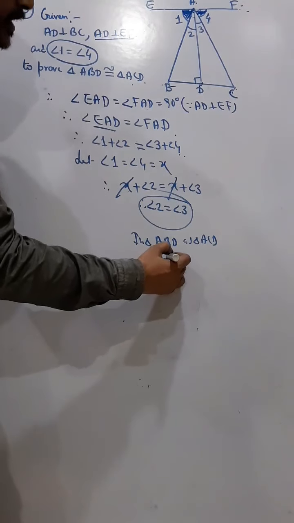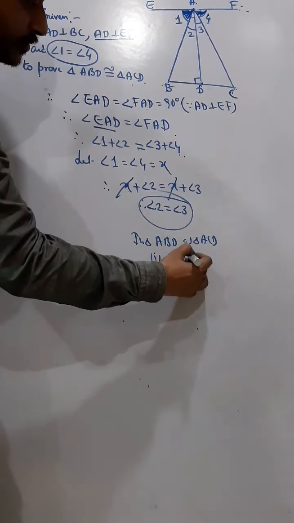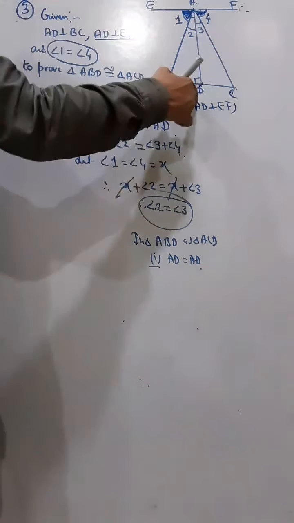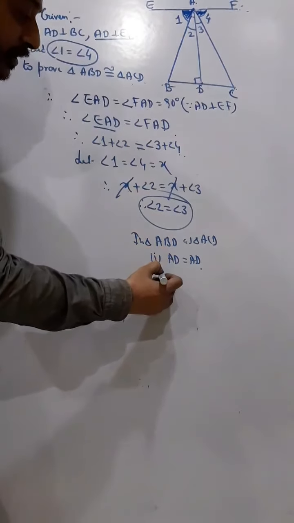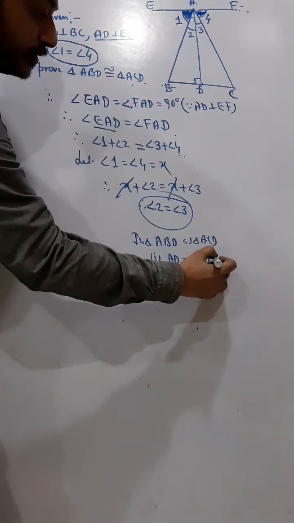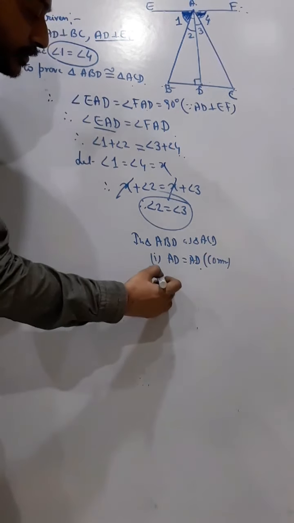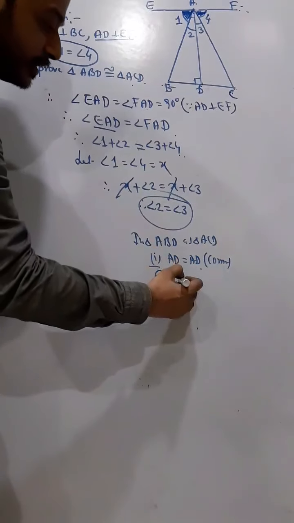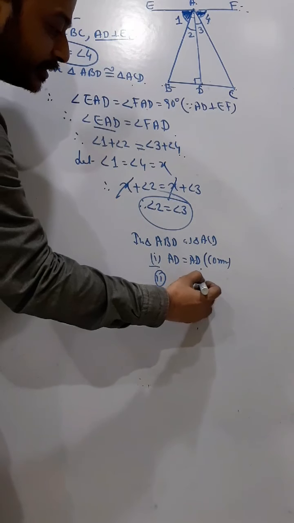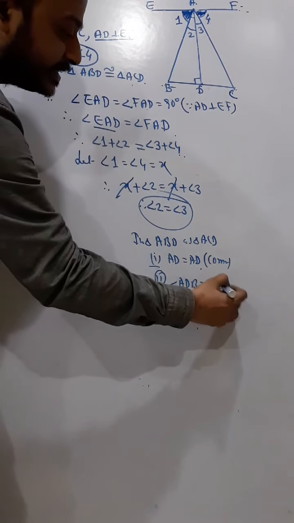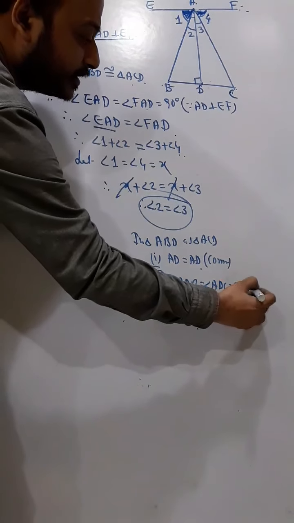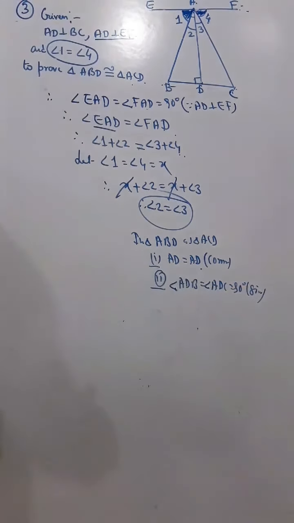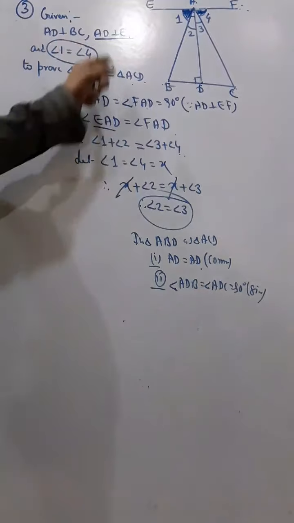Now we can take triangle ABD and triangle ACD. The first point we can say is AD equals AD, that's common. Second point, angle ADB is equal to angle ADC equals 90 degrees. This is given, AD perpendicular to BC.